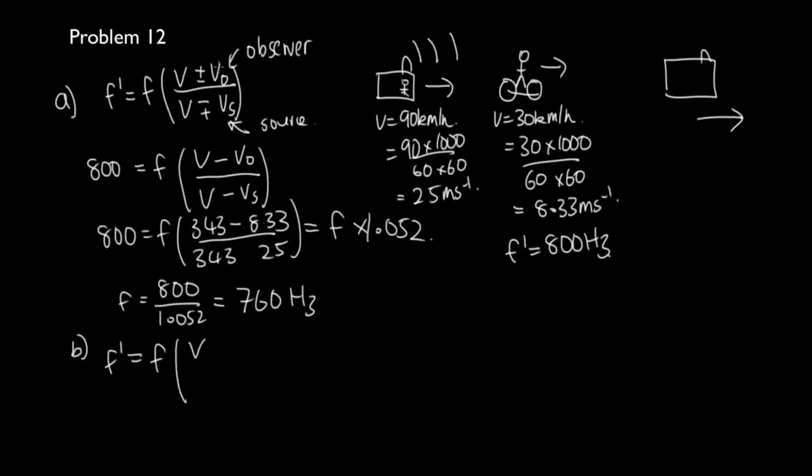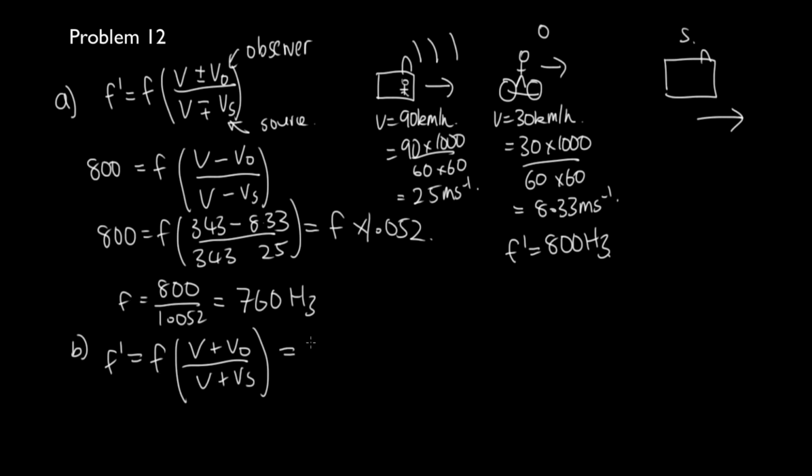Now, in this case, you are now approaching the source. This is the source, this is you, the observer, and so we have v plus v observer over, and now in this case, the source is receding from the observer, and so we need to take the bottom sign, the positive sign.